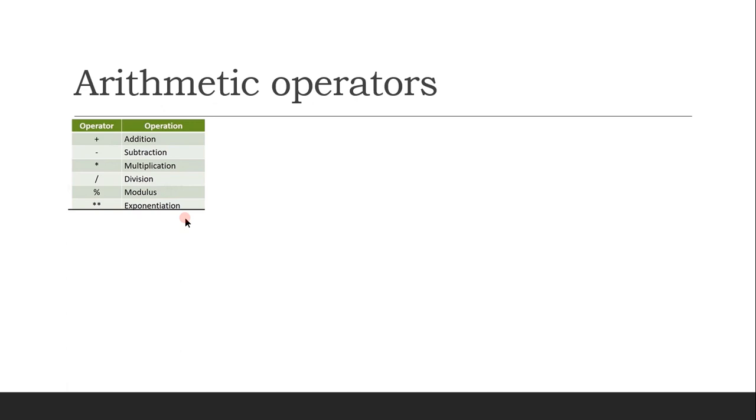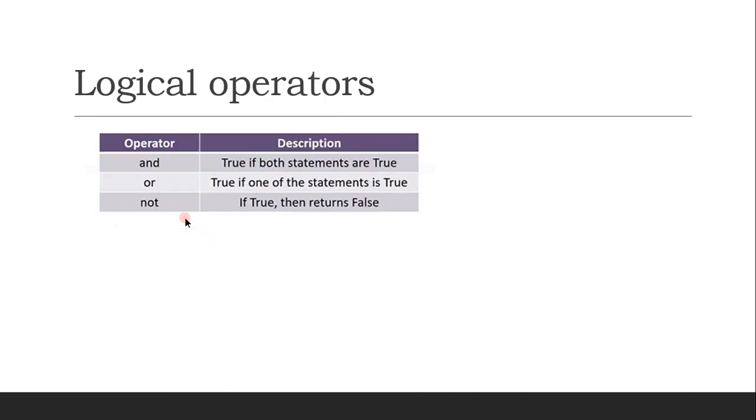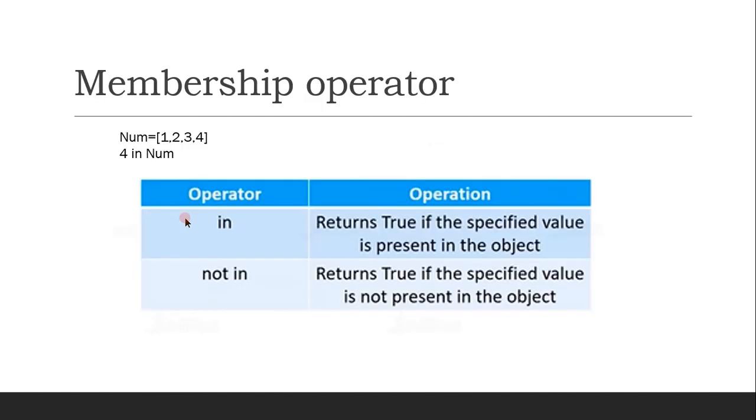The comparison operators are also the same: double equals for equal, comparing two values, not equal, less than, greater than, less than or equal, or greater than or equal. These are similar to other languages. Logical operators are also the same: and, or, not. These are the logical operators present in Python.